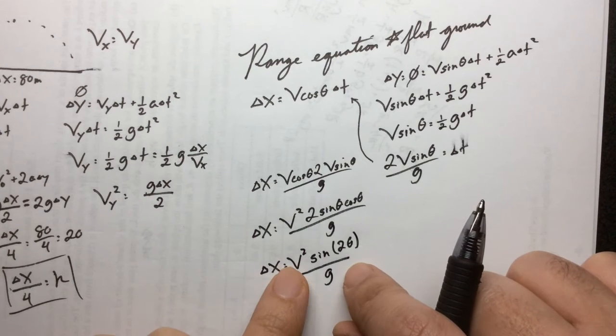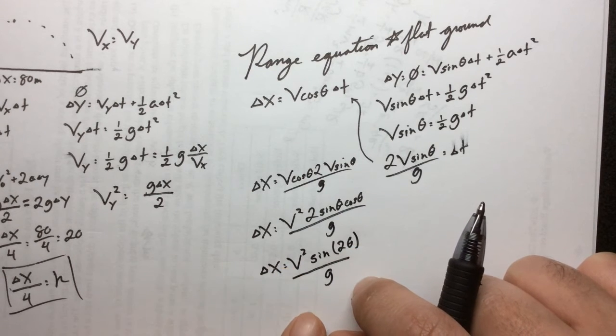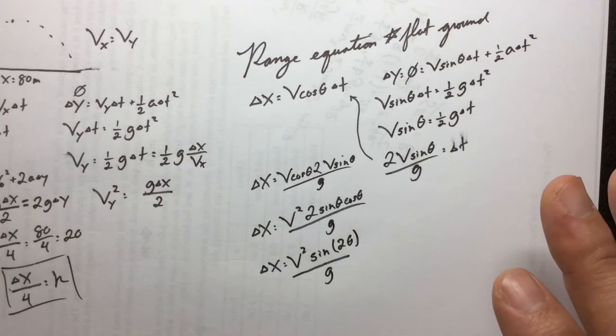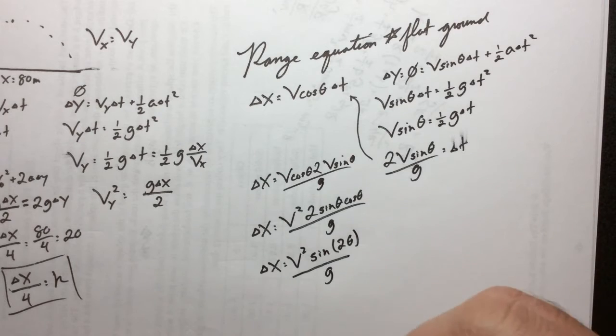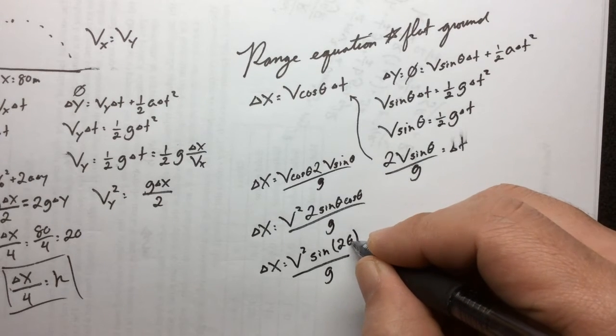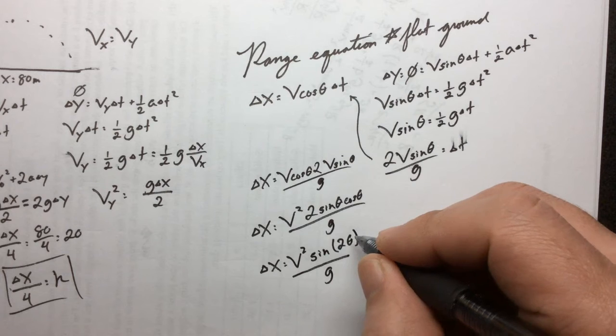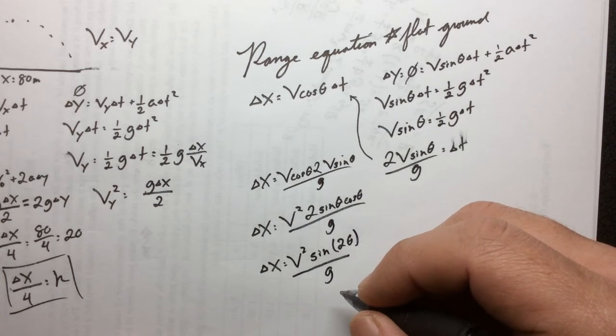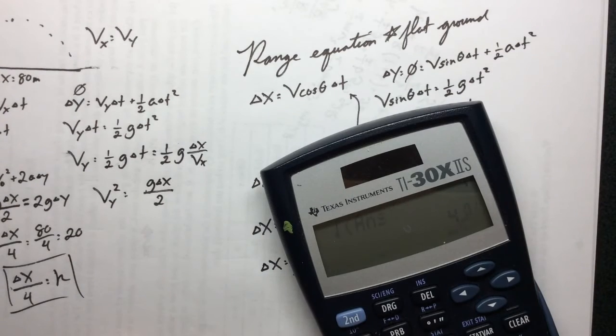Based upon your initial velocity and the angle theta, you're going to get some position change x. And just to run this through, if we were trying to look at this problem, what we know is that our angle is 45 degrees. If we plug in 45 degrees here, 45 times 2 is 90. The sine of 90 is 1, right?